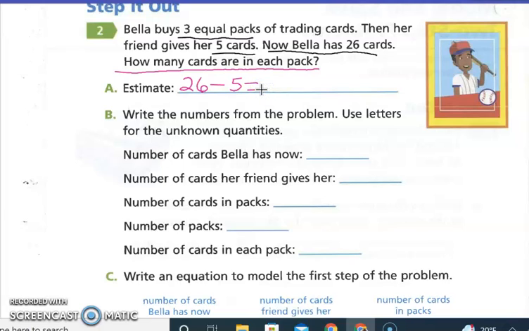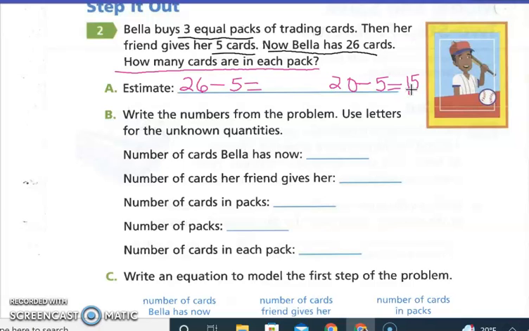Okay, so if I rounded 26 to the nearest 5, what would that be? 25. Minus 5. So our estimate is 20 minus 5, which equals what? 15. Okay? Write the numbers from the problem. Use letters for the unknown.